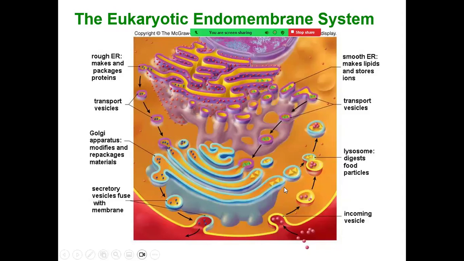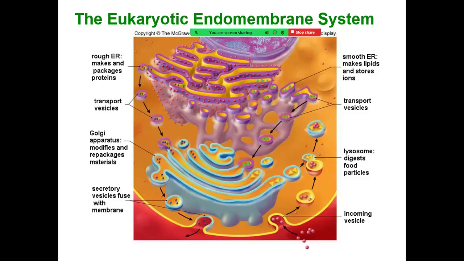And then the vesicle transports what's inside it, meaning the proteins that have been modified, to wherever the proteins need to go in the cell. That could be the cell membrane, and then the proteins can be dumped outside of the cell, such as in teenagers when they're making hormones.